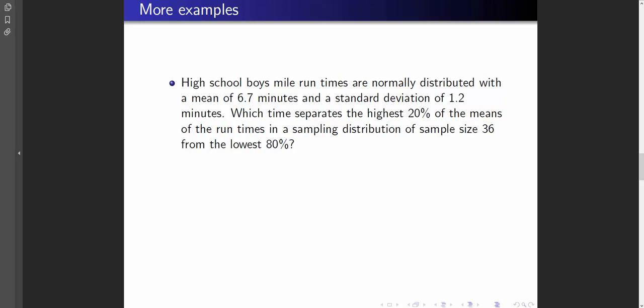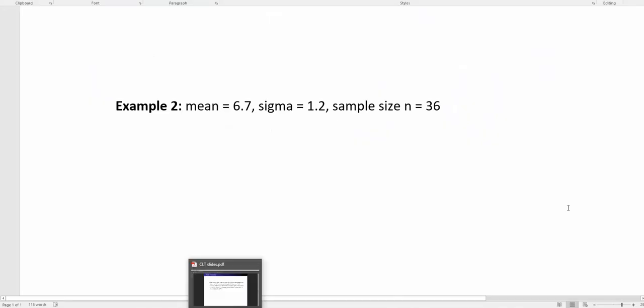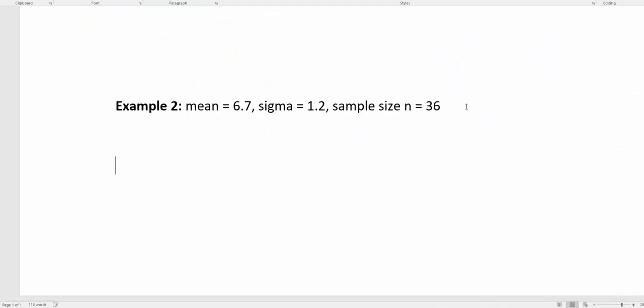So what does it mean? We need to compute percentiles, right? Percentiles means inverse normal. So what do we do? Inverse normal. 0.80.